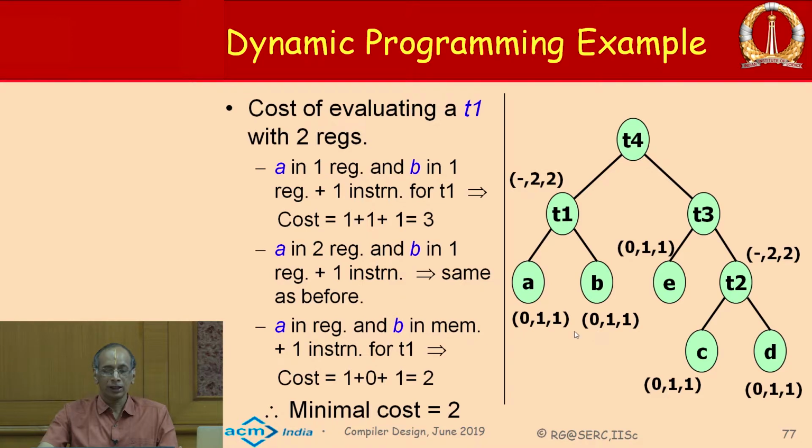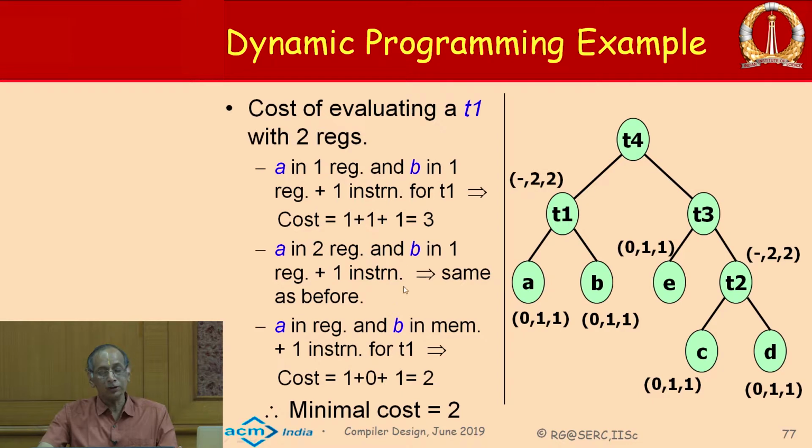Essentially I am computing A using 2 registers, which is the same as computing it using 1 register, plus computing B in memory, which is 0, and then adding these along with the cost of T1. So, that cost will be 2.